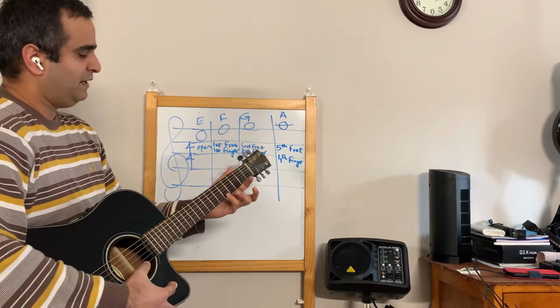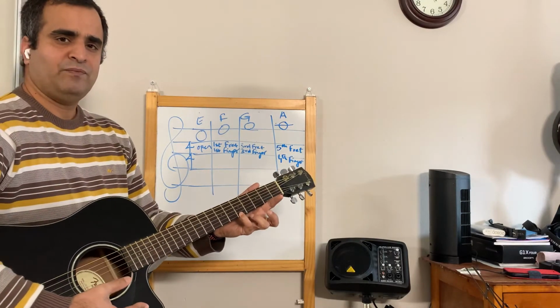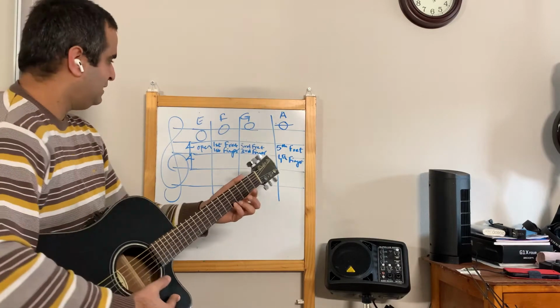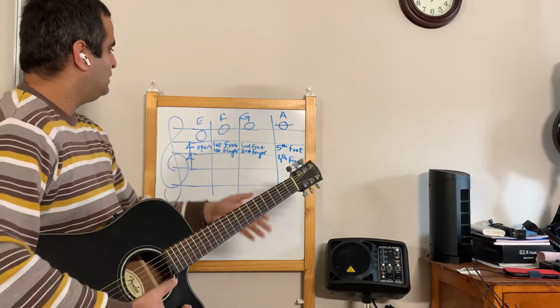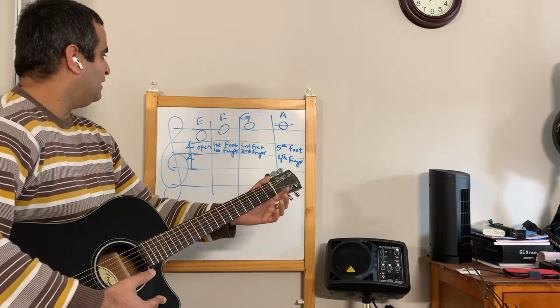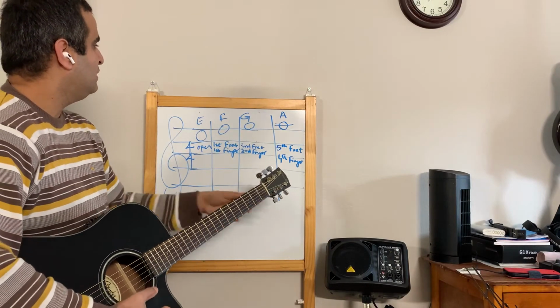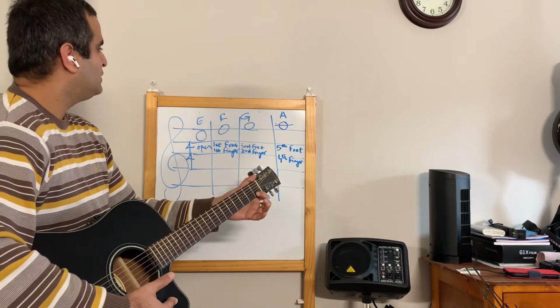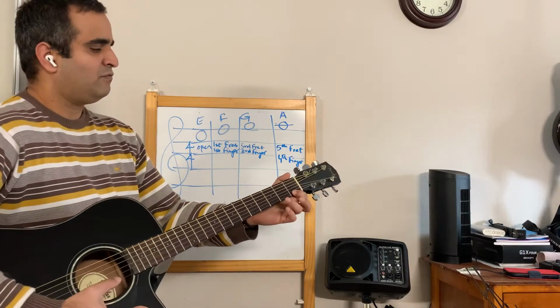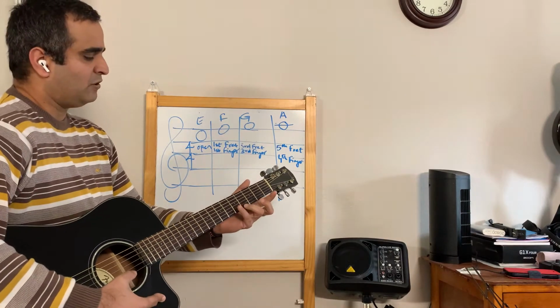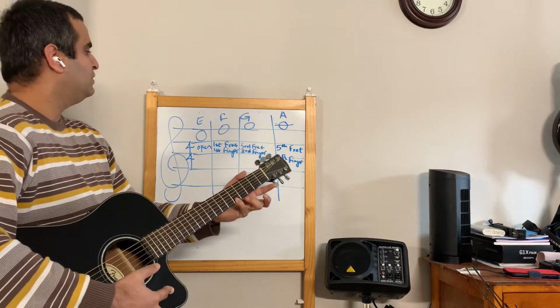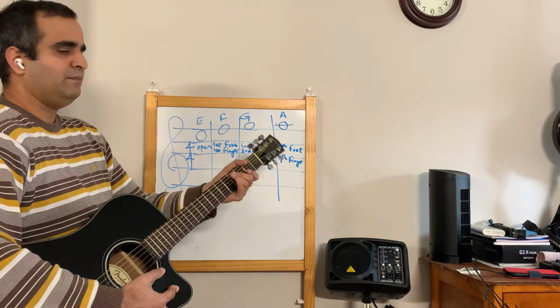So again, I have to play it as 1, 2, 3, 4, right? So if I have to play the sequence looking at the notes, I should be playing it as 1, 2, 3, 4, 1, 2, 3, 4, 1, 2, 3, 4, 1, 2, 3, 4, right?